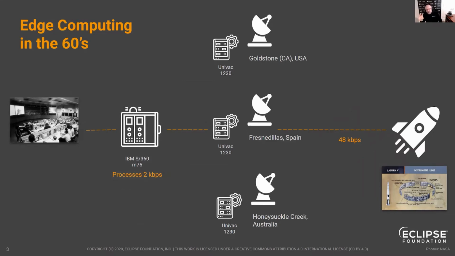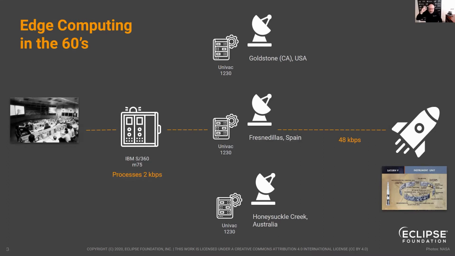But essentially, the principle is that you needed at least 3 big antennas on Earth in order to track the spacecraft. And when I say track, it's all of the telemetry from the sensors that were on board, but also all of the voice chat and that kind of stuff. And those 3 antennas were one in the US, one in Spain, one in Australia, obviously, to take into account the rotation of the Earth.